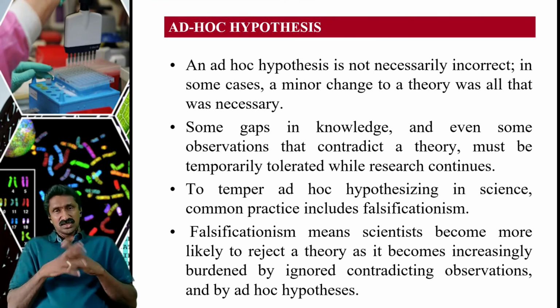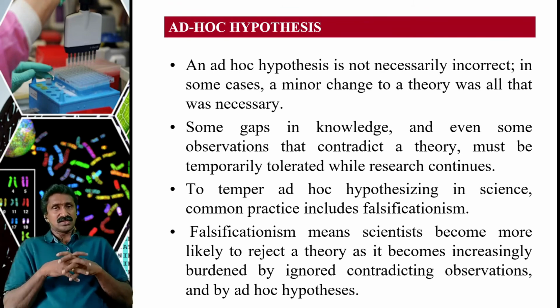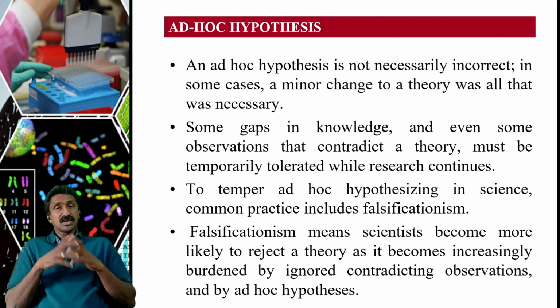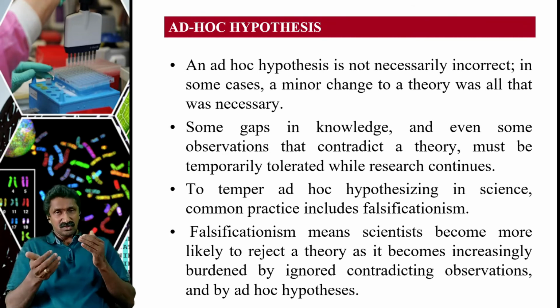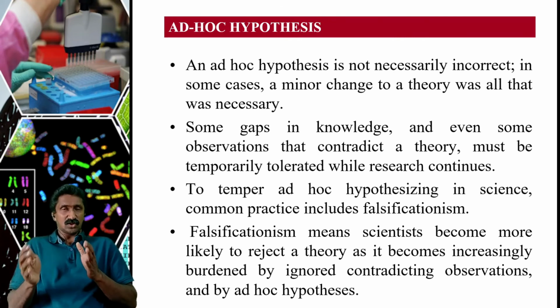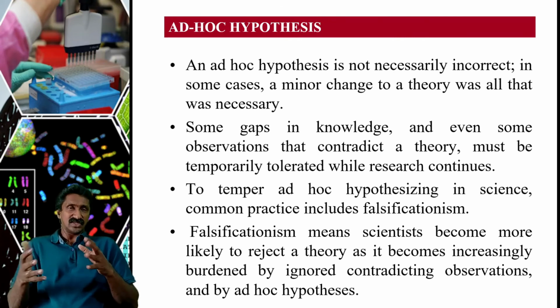Some gaps in knowledge and even some observations that contradict a theory must be temporarily tolerated while research continues. So such gaps in knowledge and such contradictions in the theory must be temporarily tolerated for some time for further testing and verification.